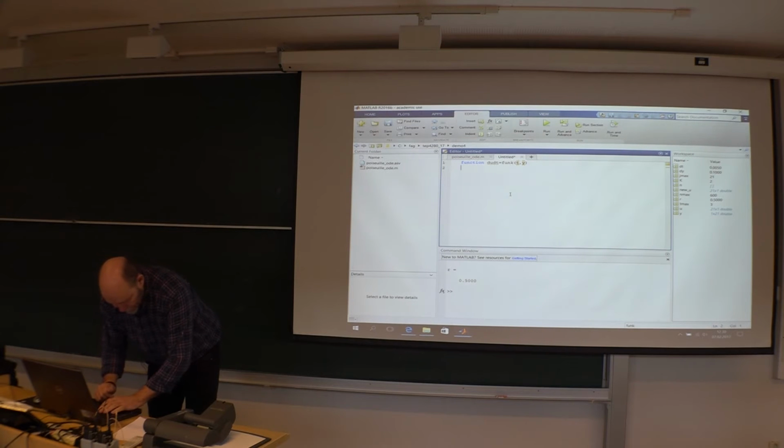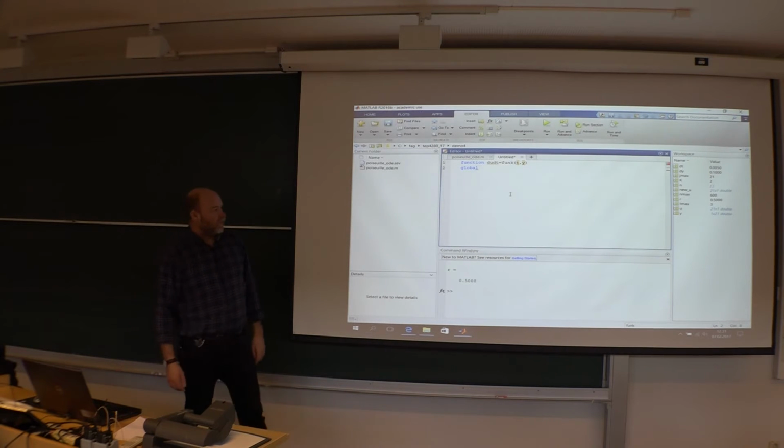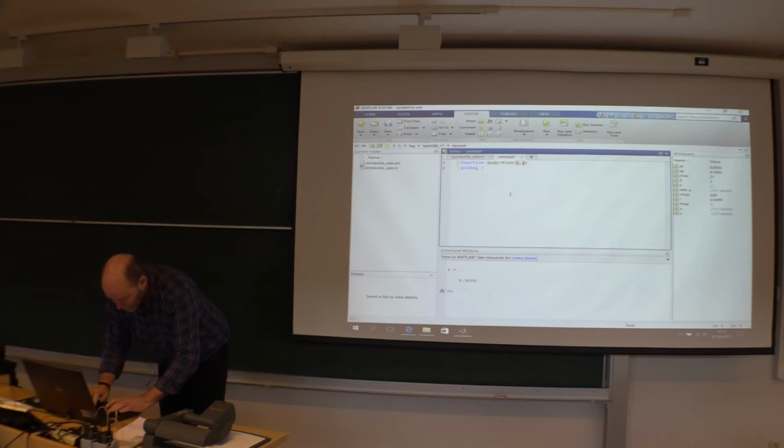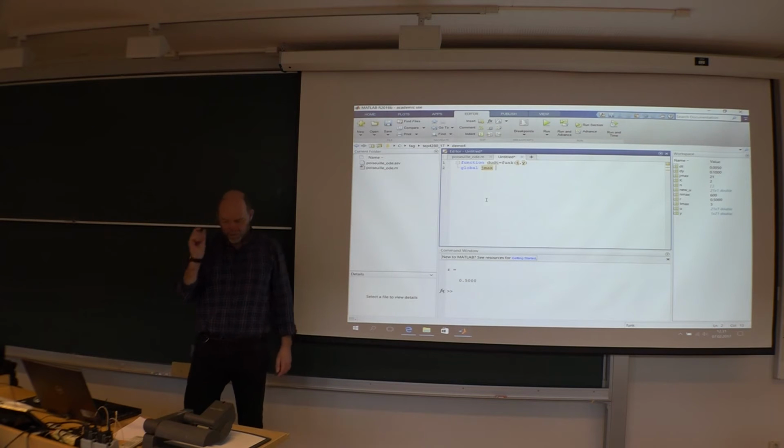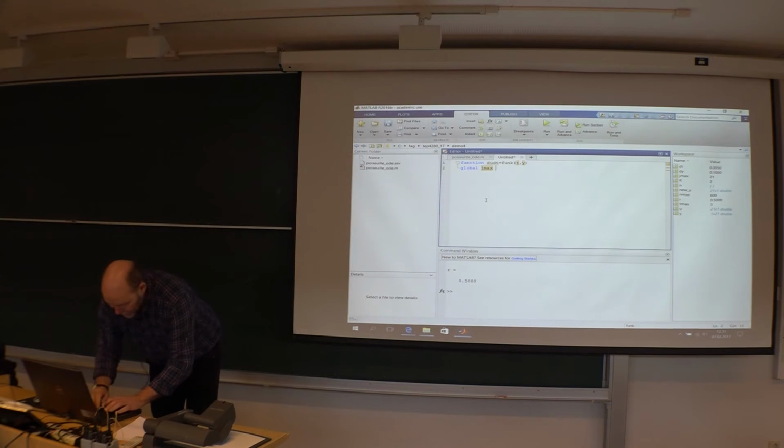Now in this function I'm going to need some values from the main program that I don't have. I have to know the number of unknowns, and also I'm going to need the delta y. I'm going to need those two. So I put them in a global statement.